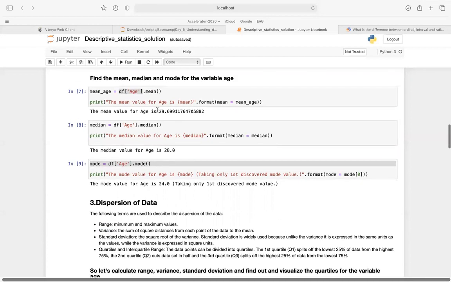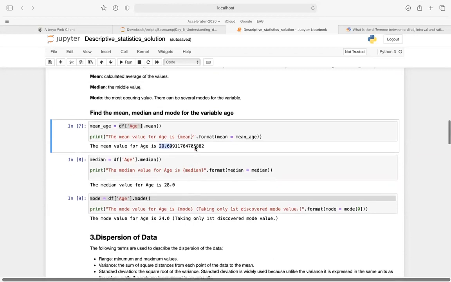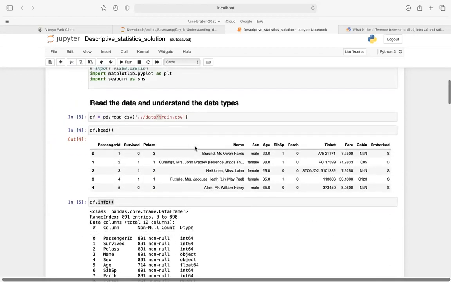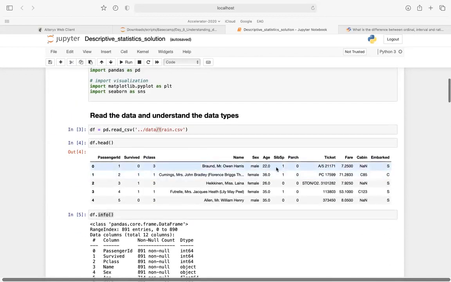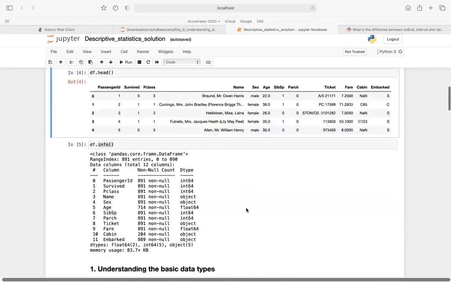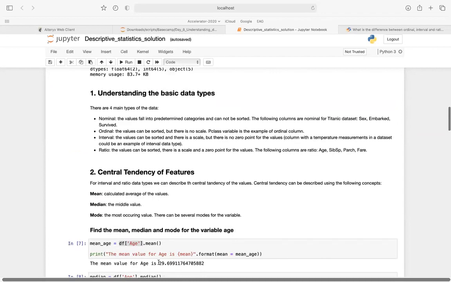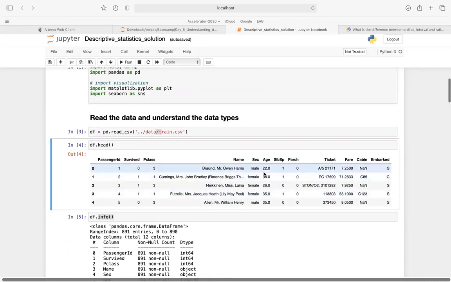So the mean value of age is 29.69, correct? And the first value I have in the age is 22. So what I would do for the sum of square distances is (22 minus 29.69) squared. I will keep on doing it for every number in the age. So (38 minus 29.69) squared.